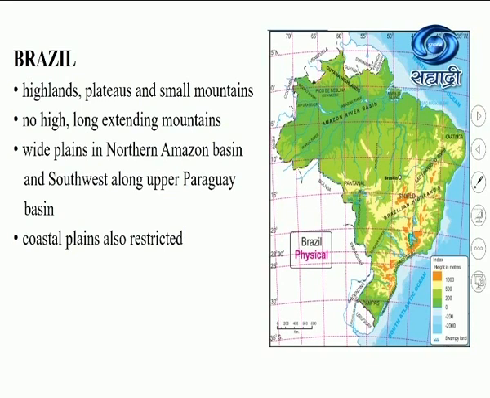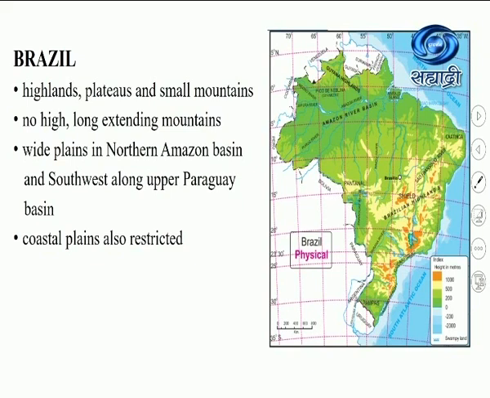When we refer to the physical map of Brazil, you will again find different color schemes. Somewhere it is dark green, somewhere light green, somewhere yellowish, somewhere brownish. Definitely it refers to the various physiographic regions.